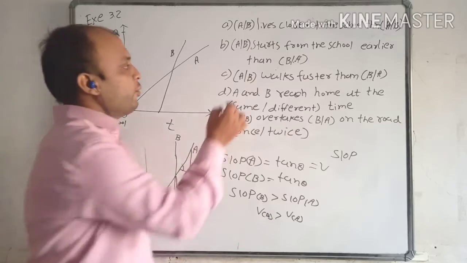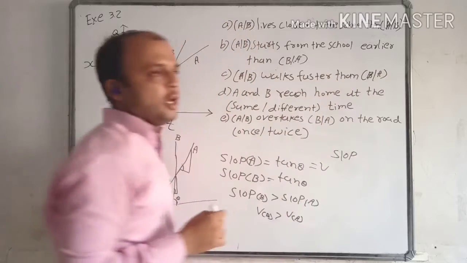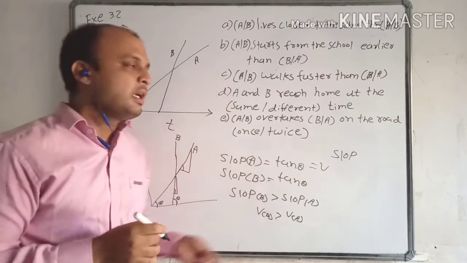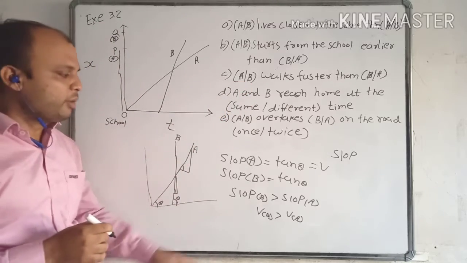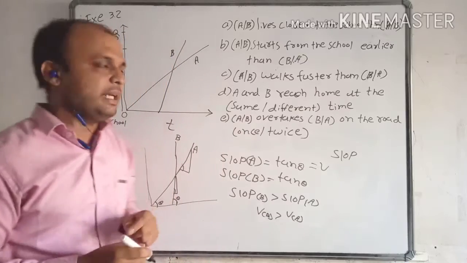The velocity of B. So B walks faster than A. Obviously, the person who has higher velocity will walk faster.